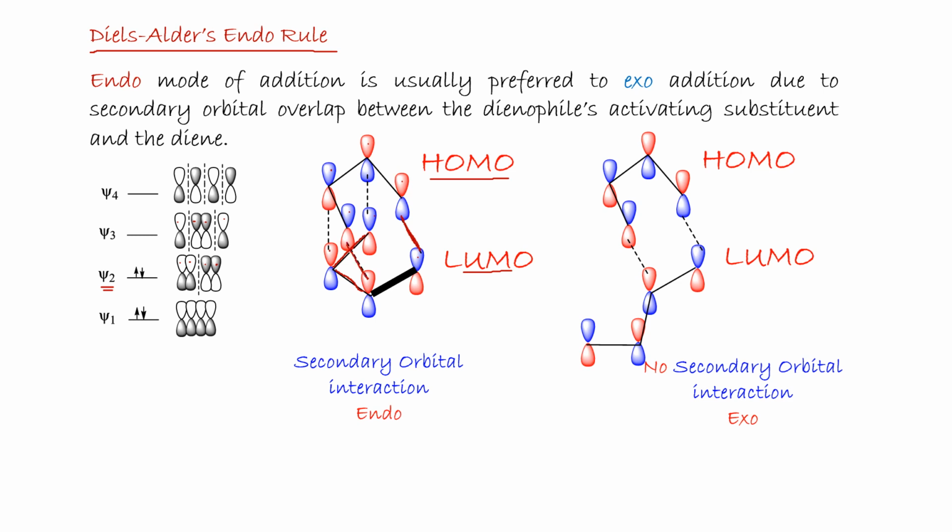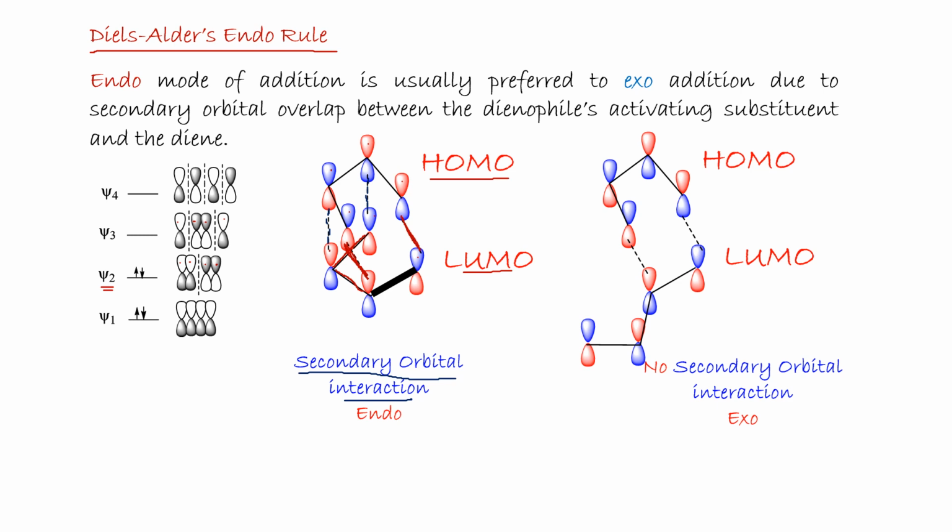But we can see clearly that we have another interaction here. This interaction we call secondary orbital interaction, which lowers the energy of the transition state.